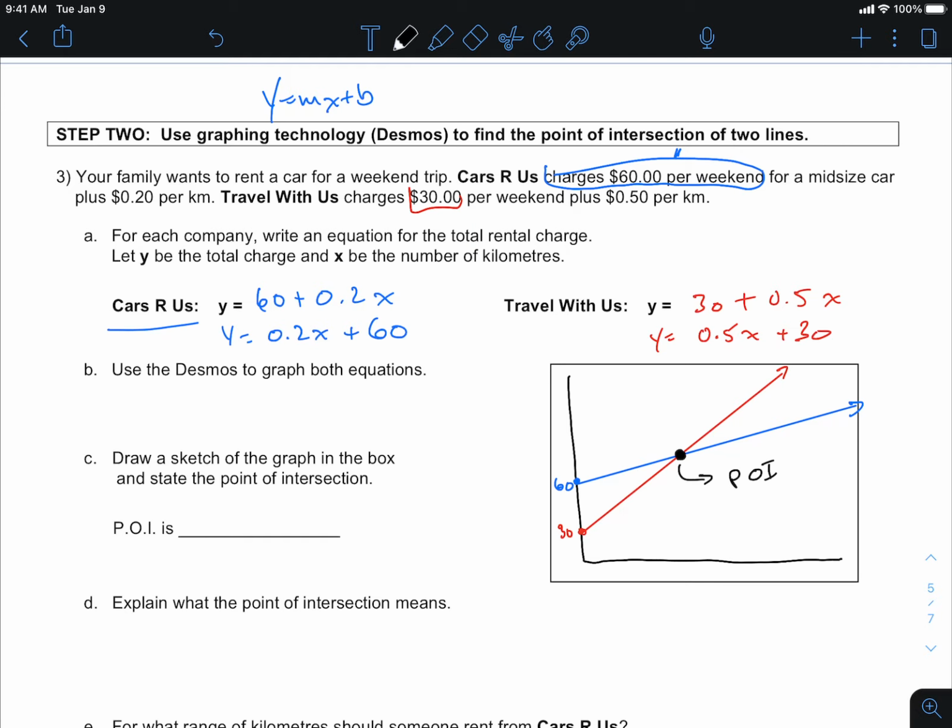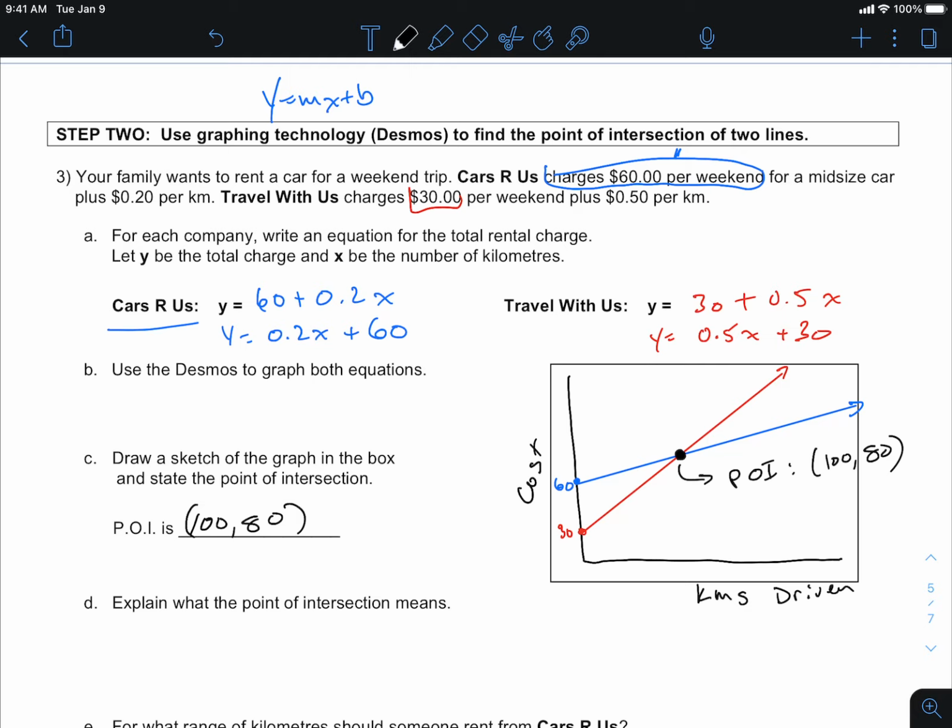If we use Desmos to find the point of intersection, it's 100 comma 80. Down here, we're going to have kilometers driven, and on the side, we're going to have cost. So how much is it going to cost us? We're going to state the point of intersection here for part C.